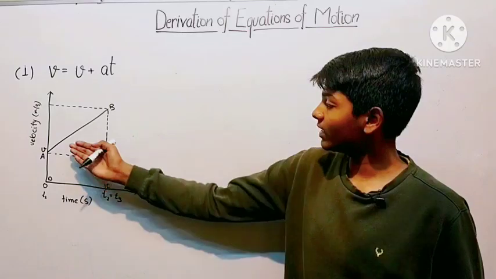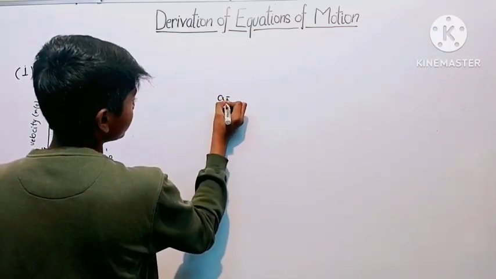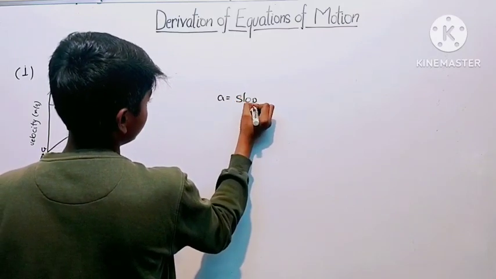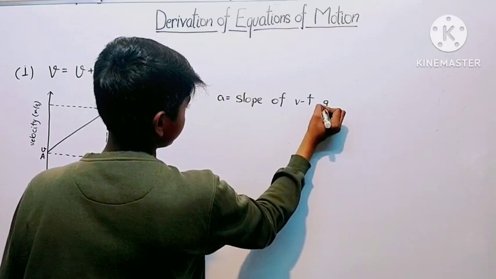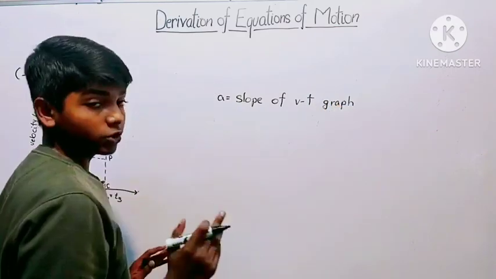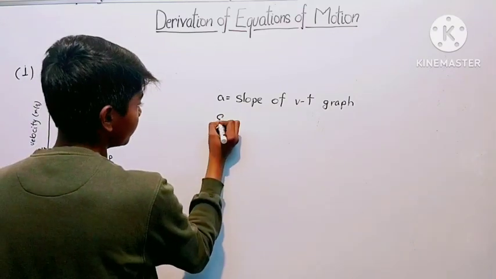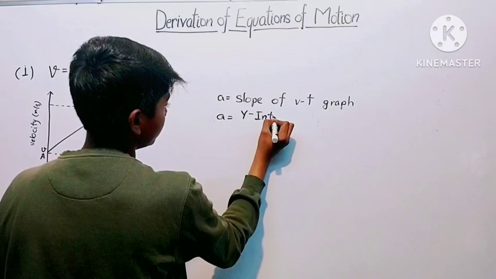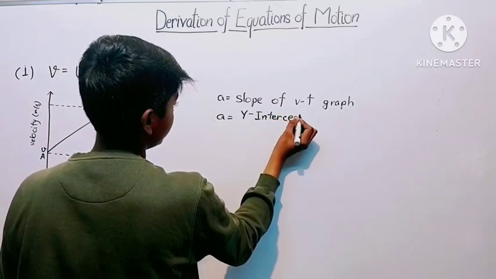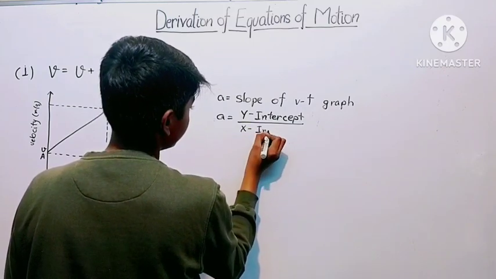So as we know that this slope is the acceleration, acceleration is equal to the slope of the vt graph. We know that the slope of any graph is equal to the y-intercept divided by the x-intercept. So acceleration would be equal to y-intercept divided by x-intercept.